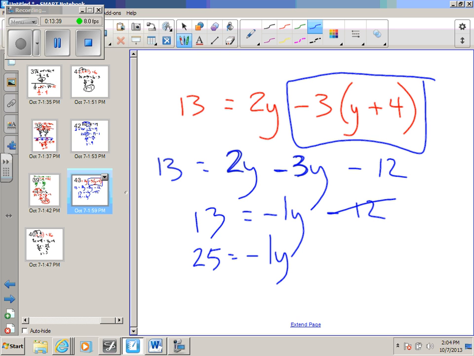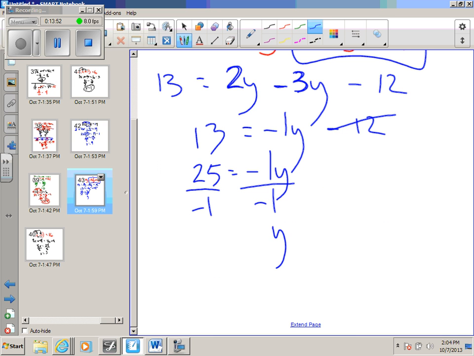Now, I can't have a negative y. I can't have a negative 1y, because that y is being multiplied by the negative 1. Opposite, divided by negative 1. Negative divided by negative gives me a positive y. Positive divided by negative 1 is a negative 25.